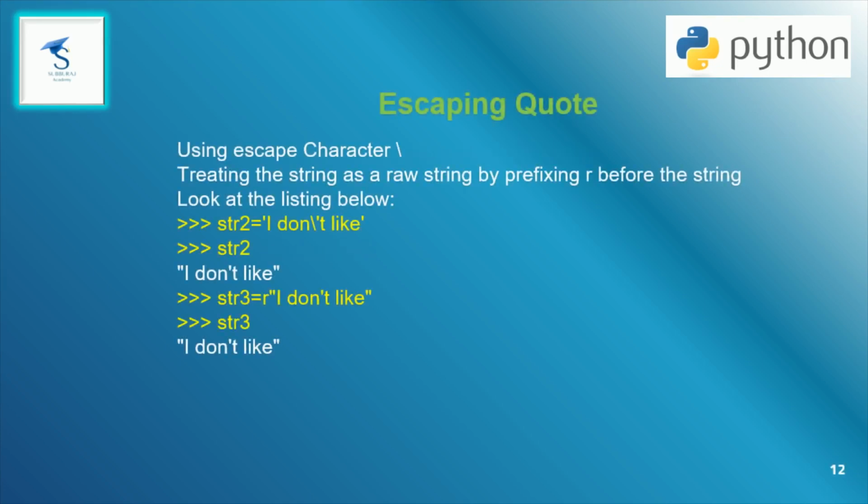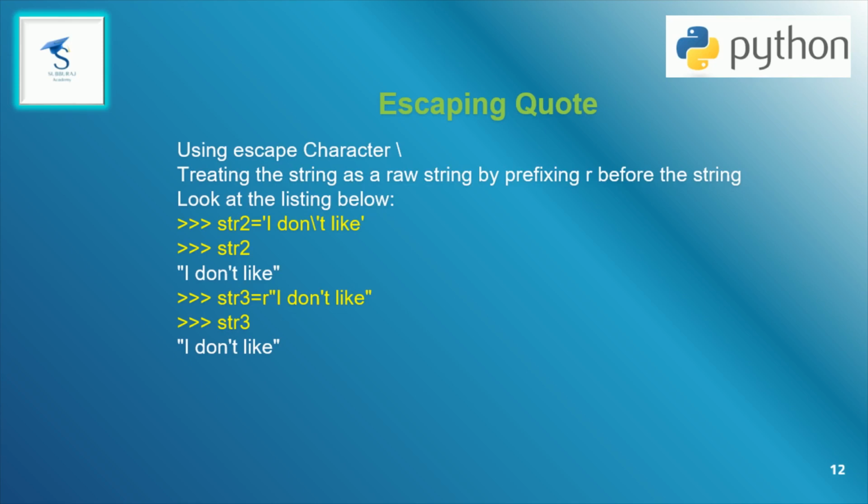Sometimes, a string may have a single quote or double quote within it. It may be misleading to the interpreter and it will treat it as the end of the string. To avoid misunderstanding and retain single or double quotes, there are two ways as given below: using an escape character, or treating the string as a raw string by prefixing r before the string.